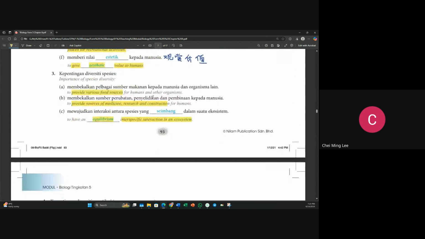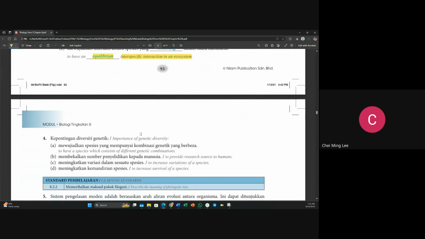Okay. And next, the importance of genetic diversity, where we can have a species which consists of different genetic combinations. This is important, especially for the species to evolve.